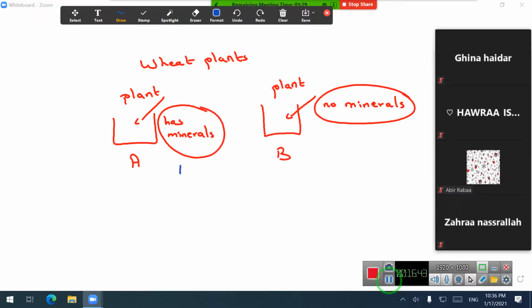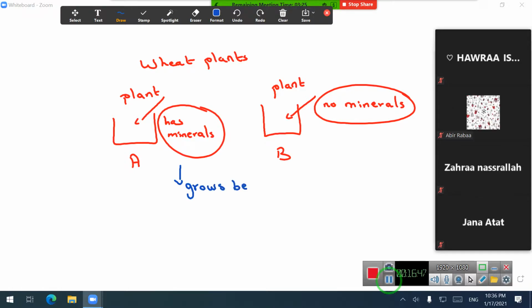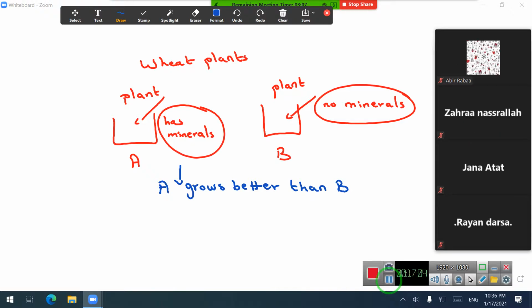Plant A grows better than plant B. Plant A grows better than B because minerals or mineral salts improve the development of green plants, as fertilizers do.